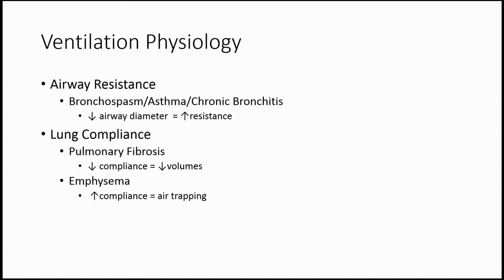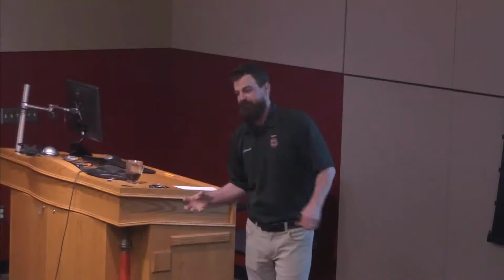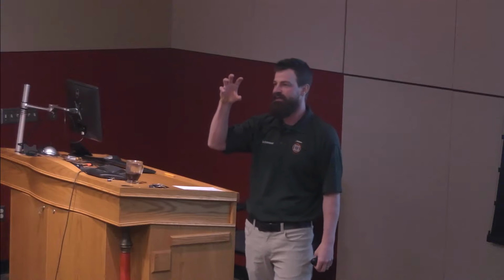And then lung compliance, the opposite of pulmonary fibrosis, is emphysema, where this sponge is so broken up and old that my alveoli, what should be a nice cluster of grapes, is now kind of like, I don't know, a grapefruit, right? The surface area, they've all collapsed, they've fallen apart, they're friable, and so instead of having lots of little bubbles, little air pockets, I now have big air pockets, right?